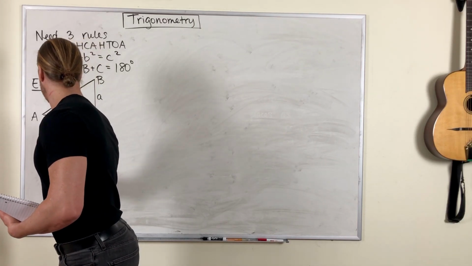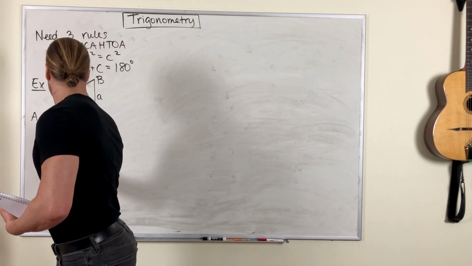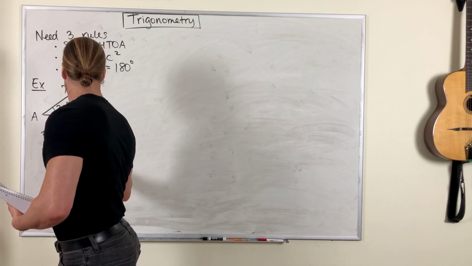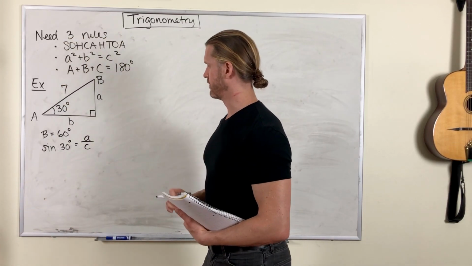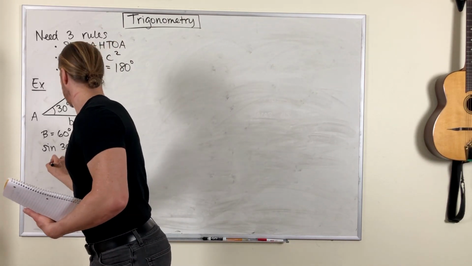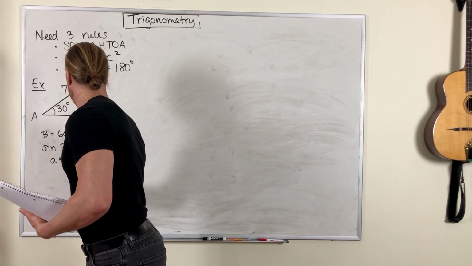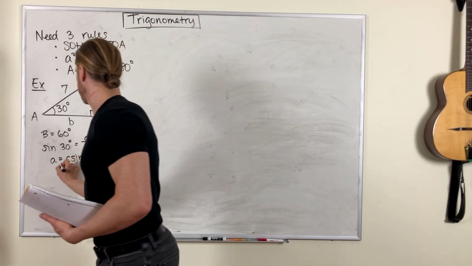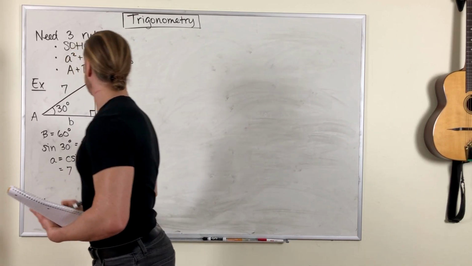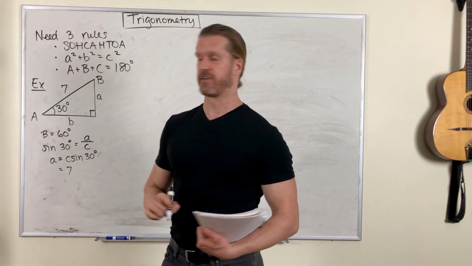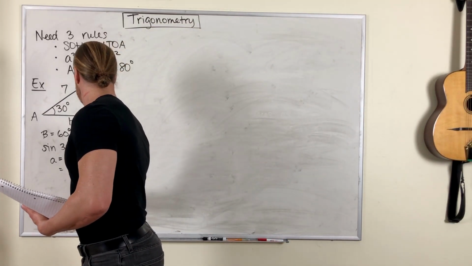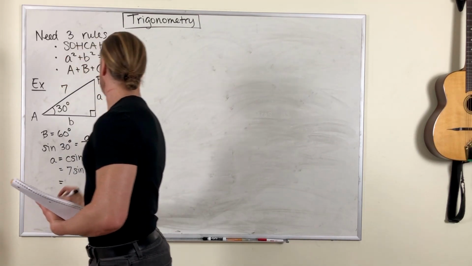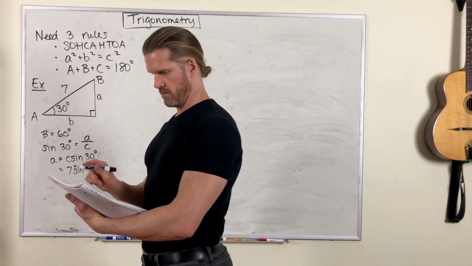So we can say sine 30 degrees equals a over hypotenuse, or a is hypotenuse times sine 30 degrees. We're given that the hypotenuse has a length of 7. So side A equals 3.5.